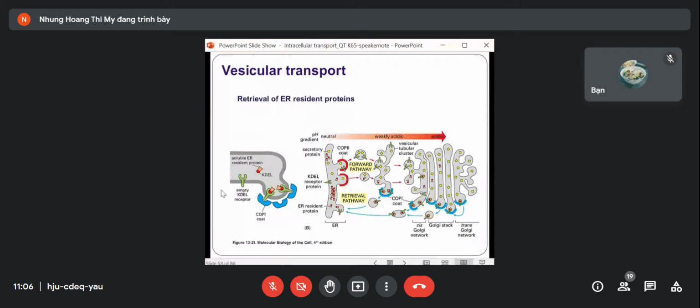So in this image, you see this soluble protein contains the KDEL signal, and this protein can bind to the KDEL receptor on the membrane of the ER.